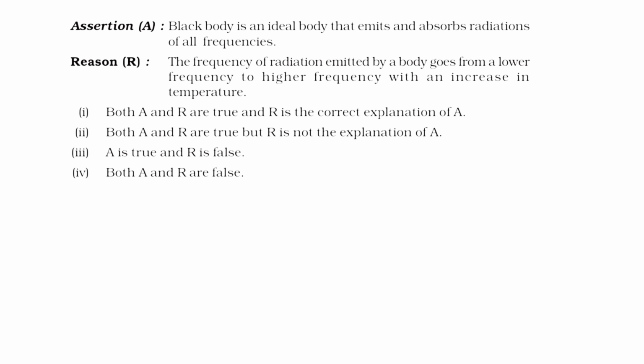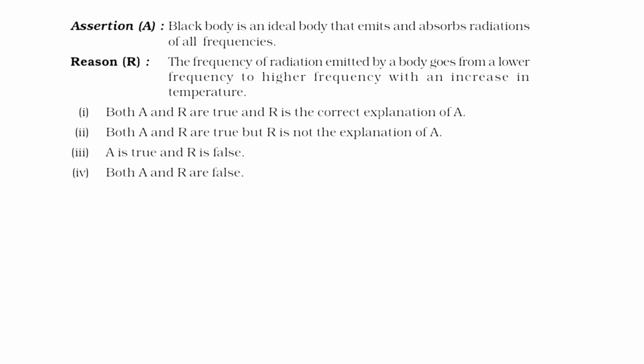Okay. Because it absorbs all incident radiation, it is also the best possible emitter of thermal radiation. So it can emit and absorb radiation of all frequencies, right? By definition, they are bodies which can emit and absorb radiation of all frequencies.